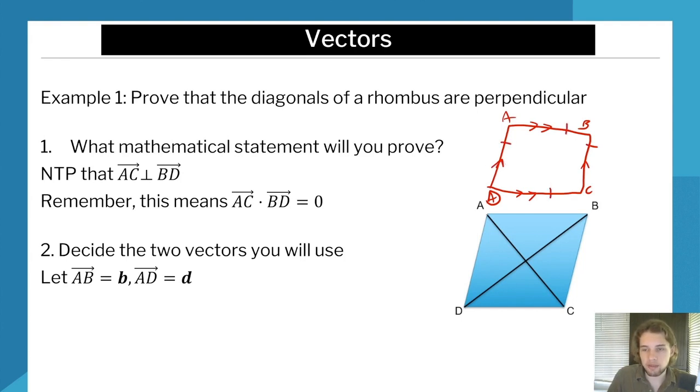So that means any vector we can make, like the vector A to D, will have the same magnitude as A to B, because every straight side has the same length. So what we want to prove is that the diagonals of a rhombus are perpendicular, which is a good place to use vectors because we can use the dot product. So we want to prove that these two diagonals have 90 degrees between them, basically.